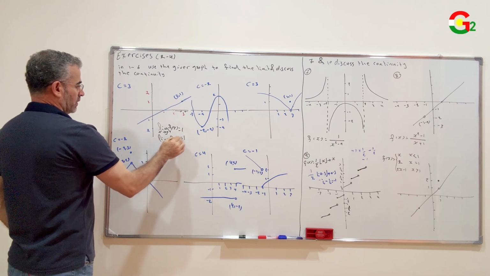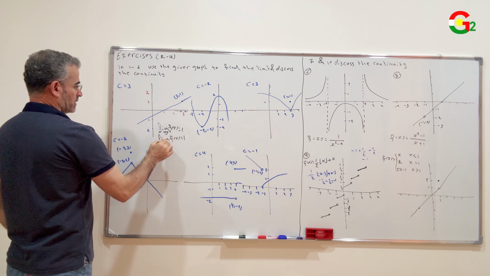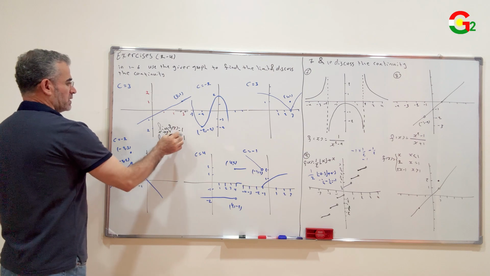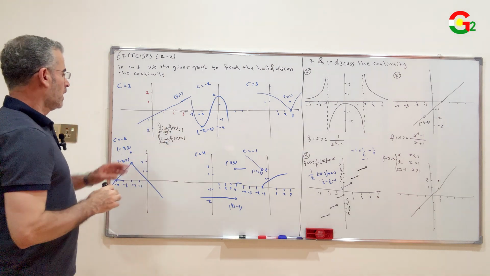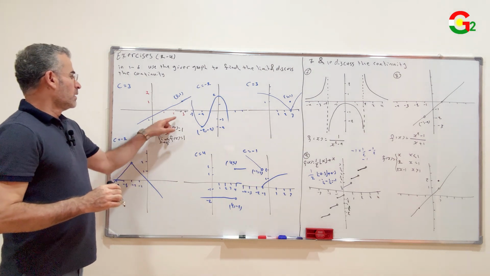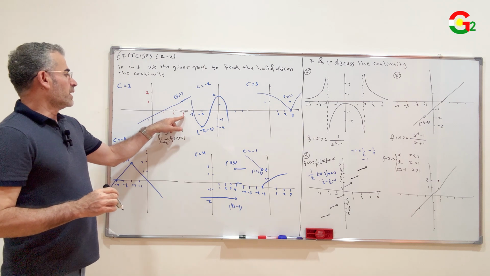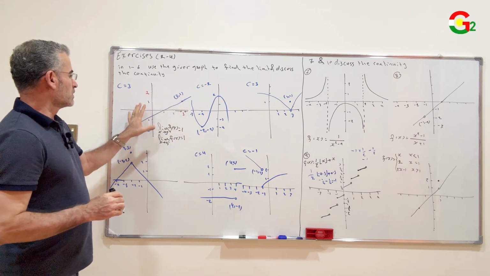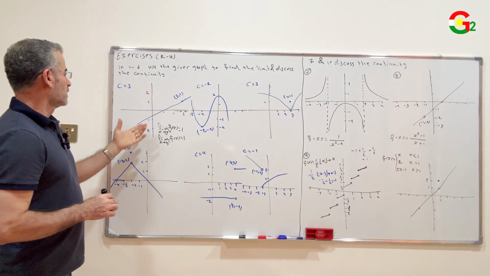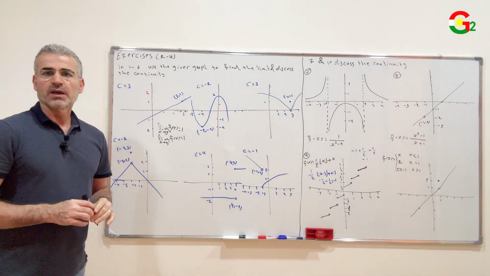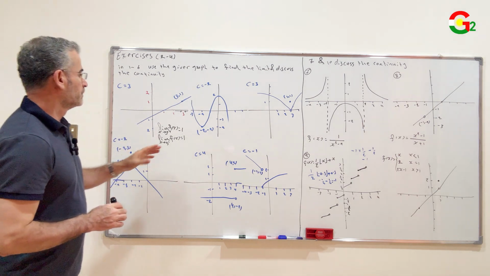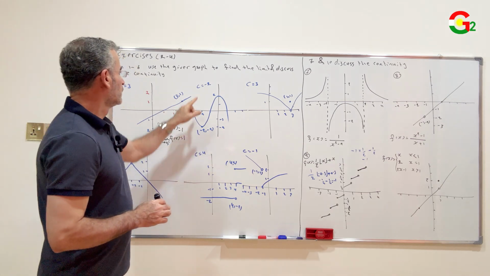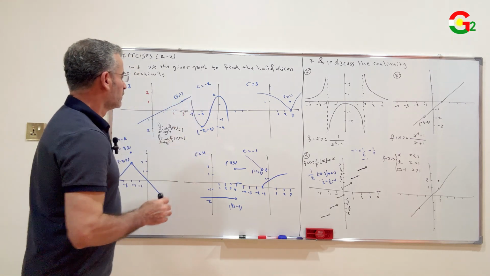Therefore, the limit in general when x approaches 3 is 1. And since the value of the function when x equals 3 is 1, then this function is continuous when x approaches 3.